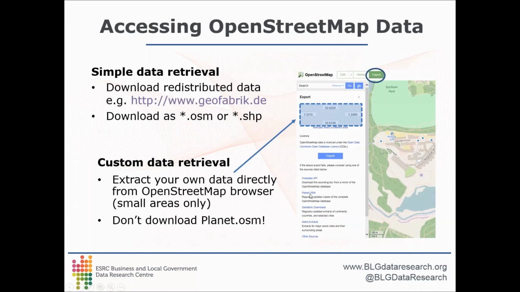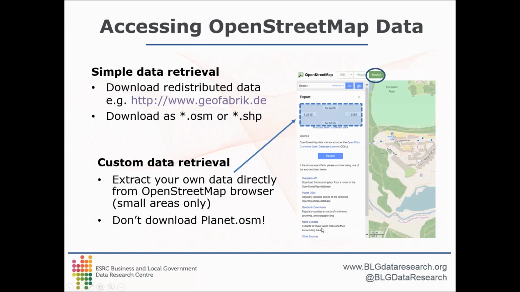The software website will give you the option of downloading what's called Planet OSM. That is literally the entire OpenStreetMap database for the whole world. I wouldn't download that unless you really want to do so and you have the bandwidth and the file storage to cope with that.